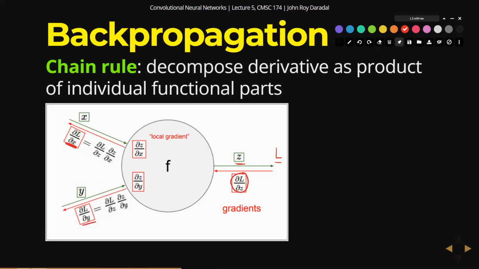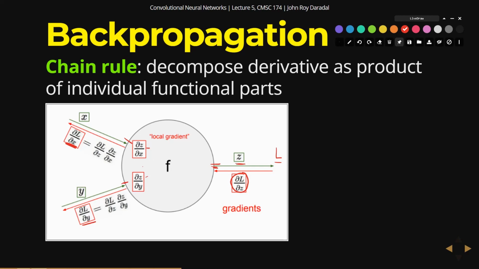How will we incorporate that in finding these two? We can actually use the chain rule. We can compute the local gradient, the derivative of z with respect to x, because we have the z here and the x here. Since they're connected, we can compute this local gradient. And the same for the derivative of z with respect to y, because you have the z weights here and the y weights here, right?